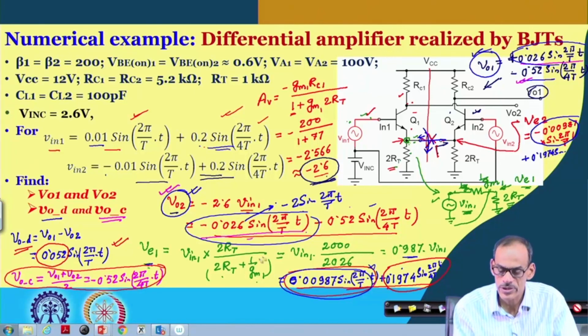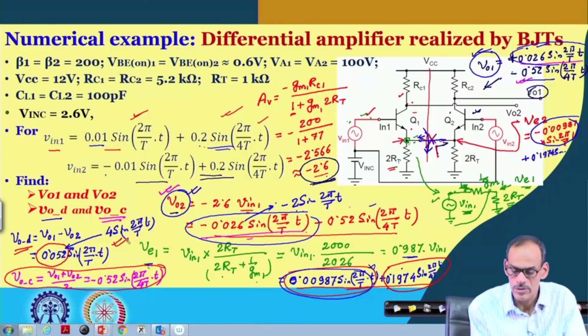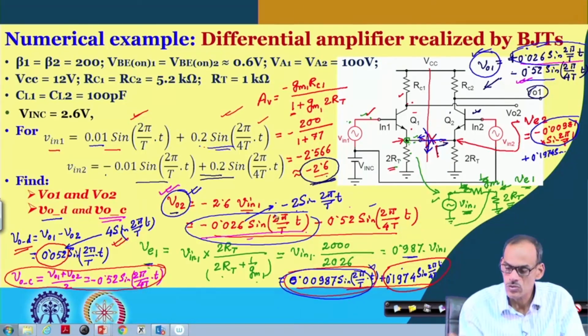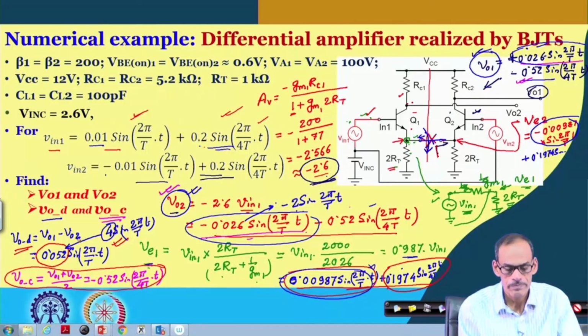The other part also increases to plus 2 sine 2 pi by capital T into small t, and naturally the amplitude of the differential part changed to 4 sine 2 pi by capital T into small t. So, this changed to 2 and this is also 2. That gives us the amplitude of 4, right.